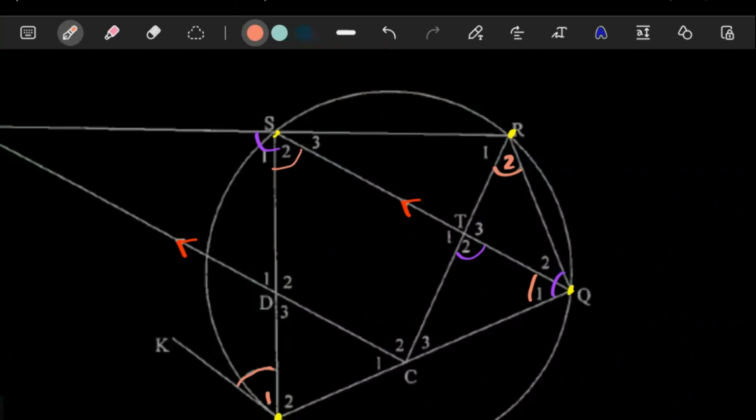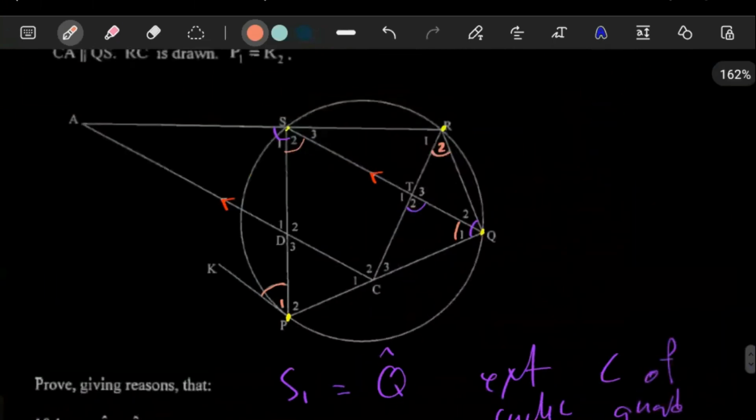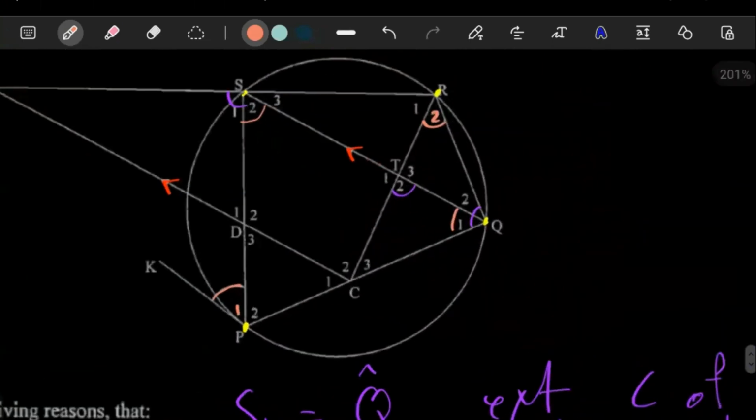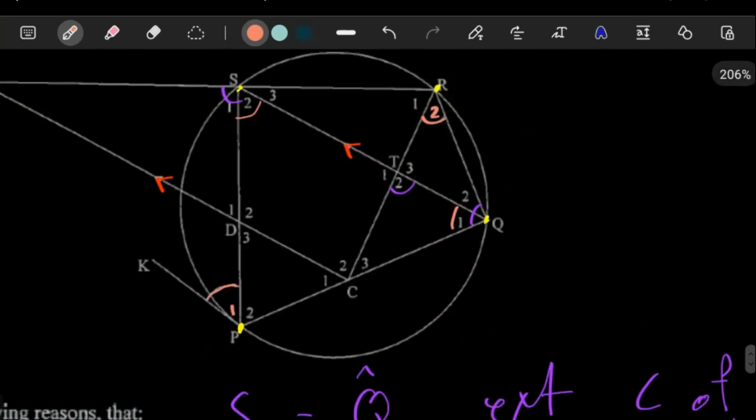But anyway, let's see if we can get something going. So what can we do? It looks like we're going to need some combination of angles, because that's the only thing that seems like it's going to work now.